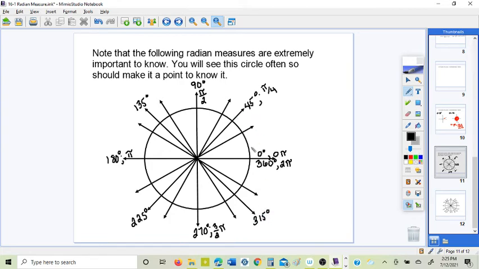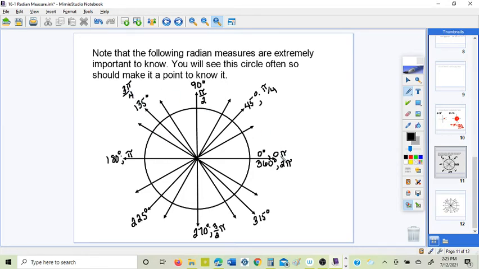I have to think a little bit harder about that, but we're going to be counting here by 1/4. So 1/4, 2/4, which is 1/2. This one's 3/4. 3 pi over 4, or 3/4 pi.